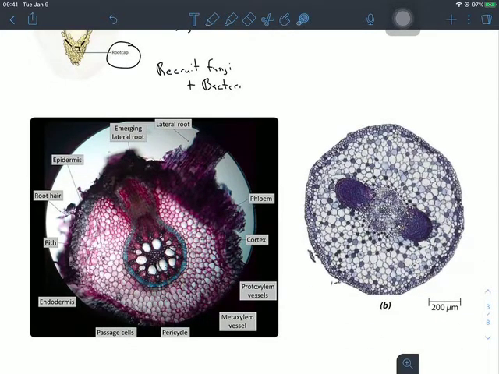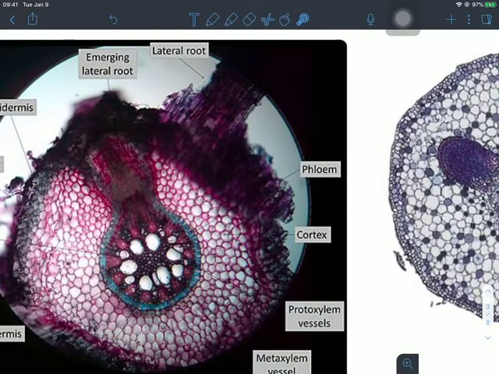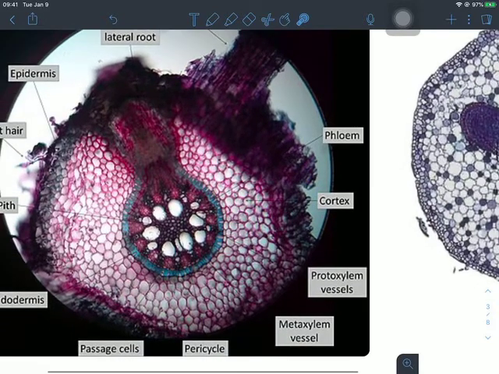We can see some of the other different structures that we've discussed: a lateral root that's further up, an emerging current lateral root, the epidermis labeled here at the very outside. You've got the phloem labeled on the inside of the vascular tissue. You've got a cortex labeled. You've got protoxylem vessels, much smaller xylem vessels, and metaxylem vessels.